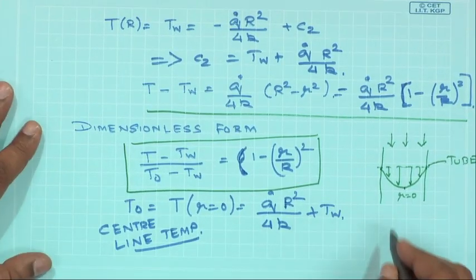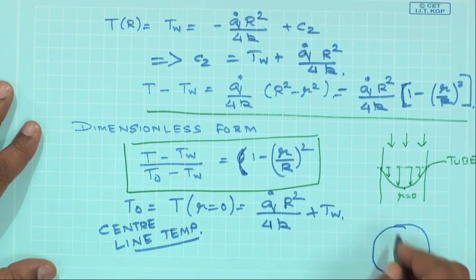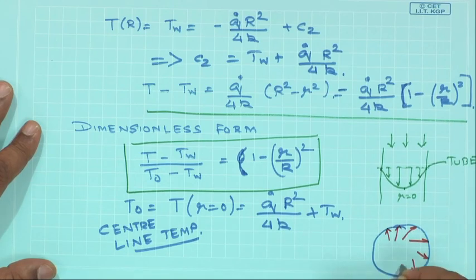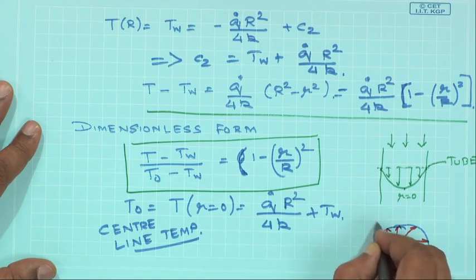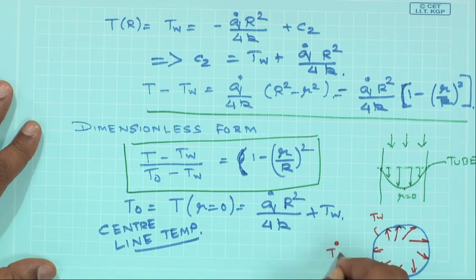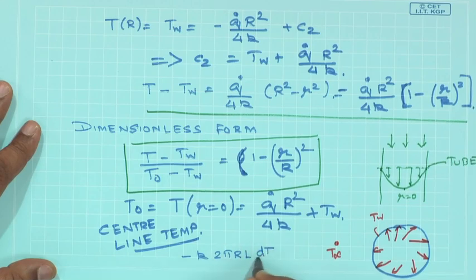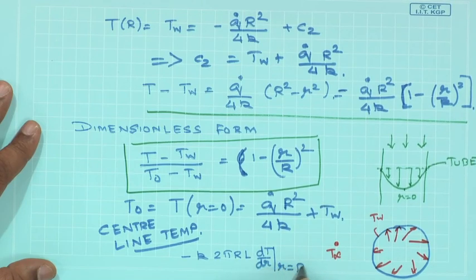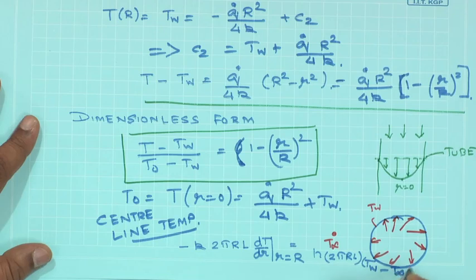So, if this is the surface, all the heat that is coming in by conduction, the temperature of this point is Tw and the temperature of some point over here is T infinity. So, minus k times A, where area would be 2 pi r times L, L being the length, times dT/dr at r equals capital R, must be equal to h times A, and the area would again be 2 pi r times L, into T of the surface minus T infinity.